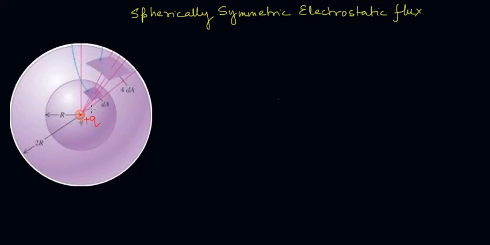If the radius is smaller and you have an area dA, the amount of flux passing through this area is E dot dA, right? So phi E for this small sphere is, or let's write a differential, E dot dA.